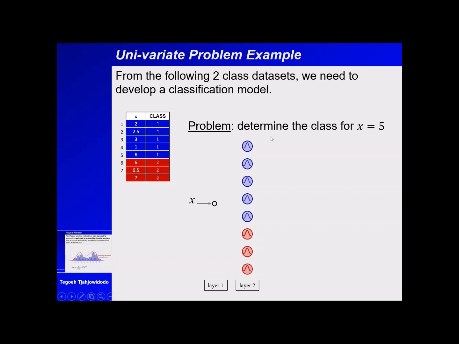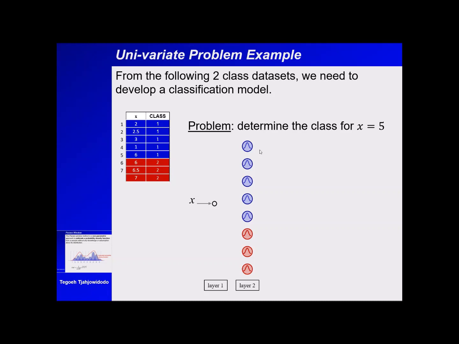So let's say the first neuron here will represent a normally distributed PDF, probability density function, with mu, the mean value, equal to 2 for the first one, and with a sigma that I can choose by myself.